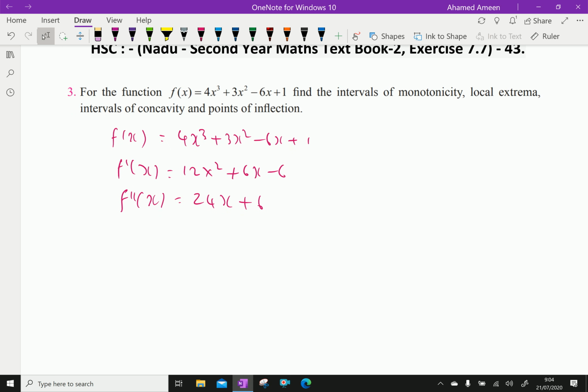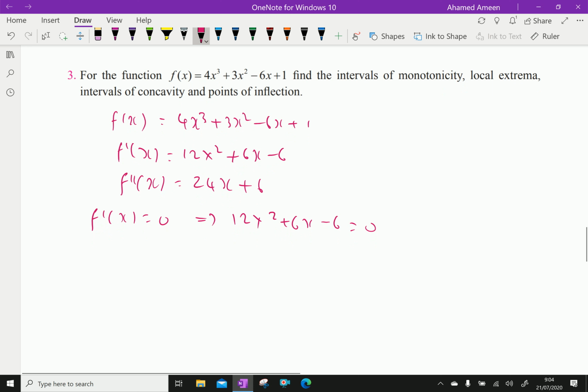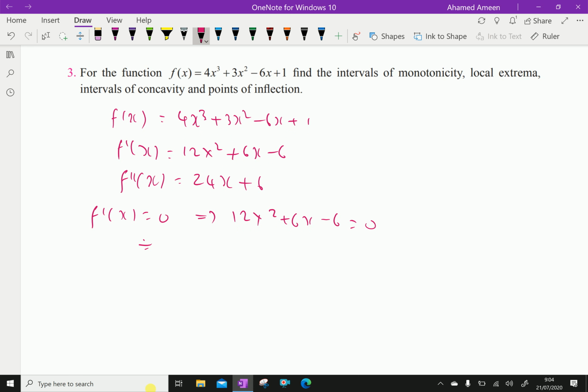Now here, first put f dash of x equal to 0, which gives 12x squared plus 6x minus 6 equals 0. Dividing by 6 we get 2x squared plus x minus 1 equal to 0. Now let us solve this.